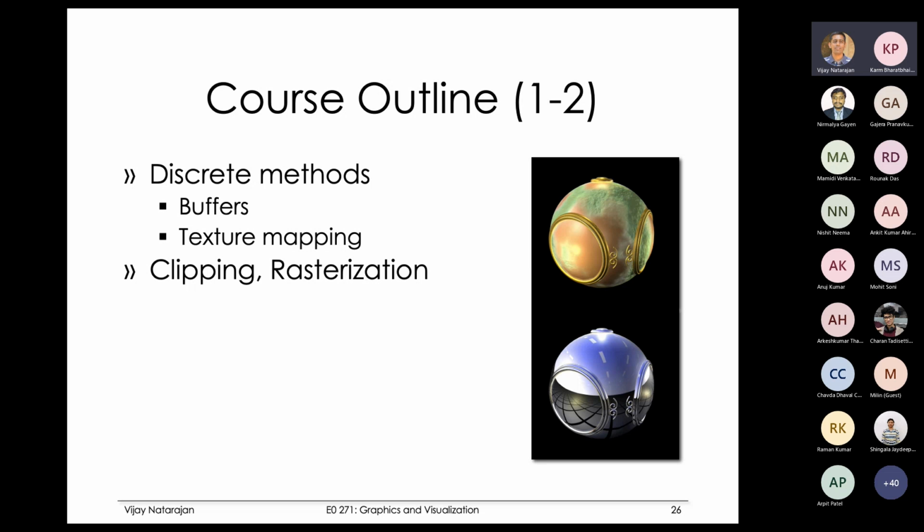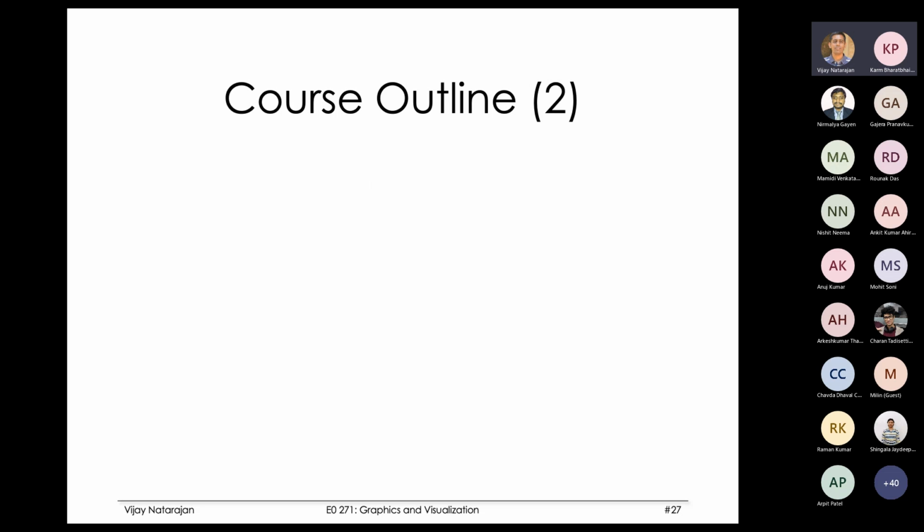Next we will study quickly some algorithms for the clipping and rasterization stages of the graphics pipeline. And then we will move on to visualization. We will try to finish graphics within the first month and move into visualization algorithms, and we will come back to graphics as and when required during the remaining lectures. I will introduce visualization by talking initially about data representations.